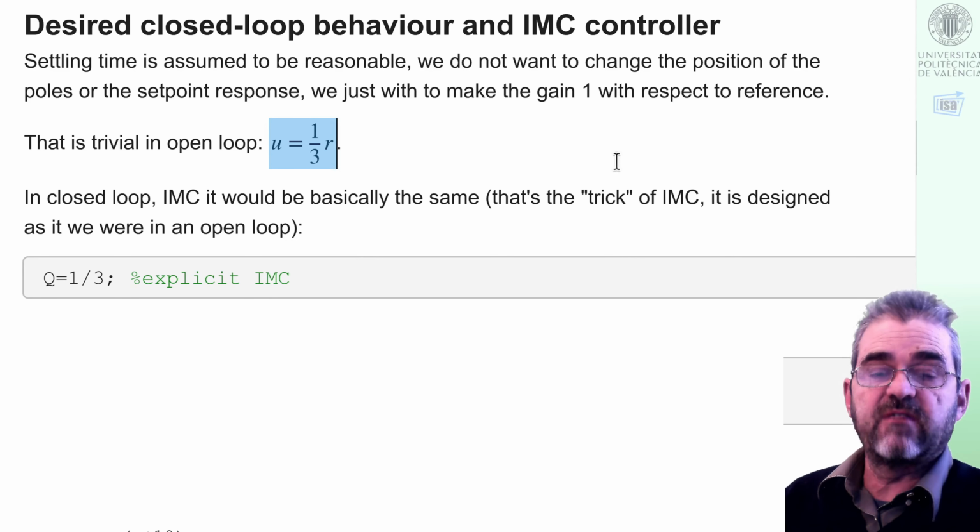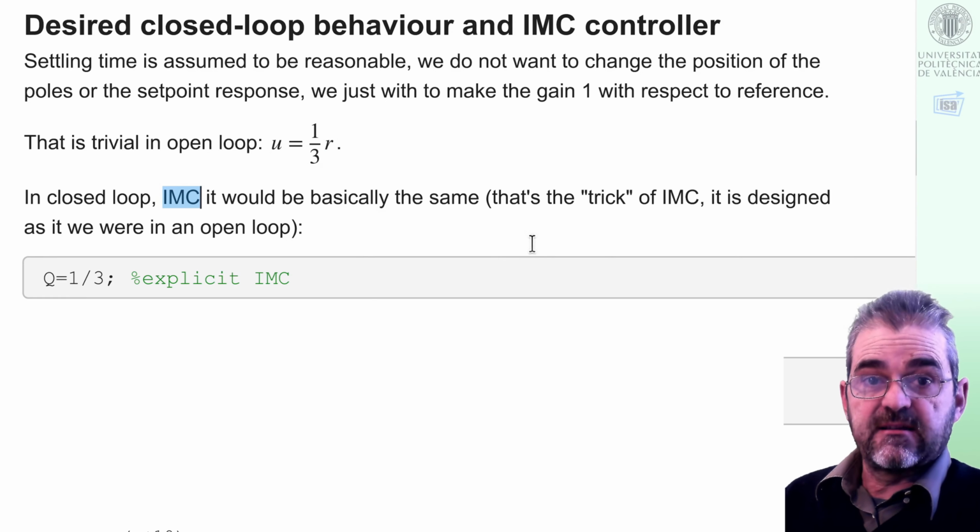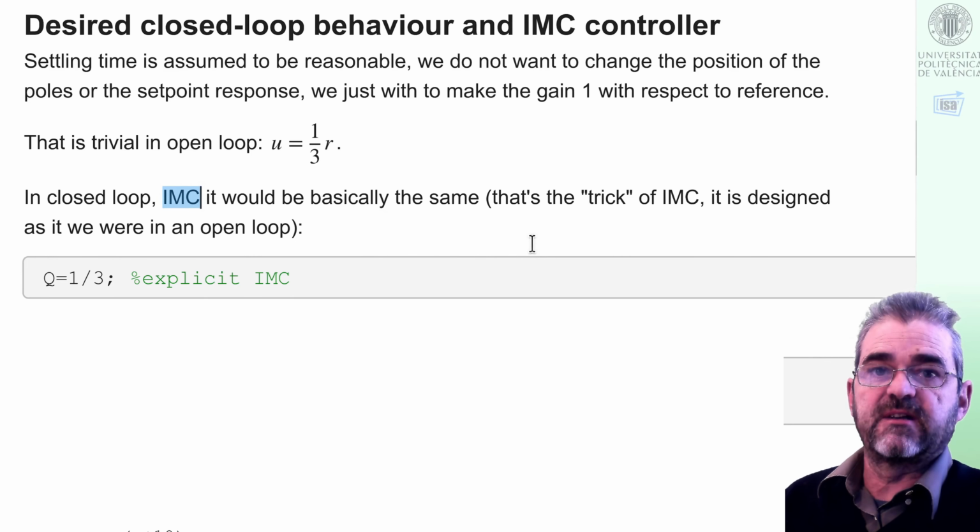But then there is the trick of internal model control. The Q parameter of IMC is designed exactly as if we were doing an open loop design. That's the main motivation towards IMC. It's a very simple technique. So good.